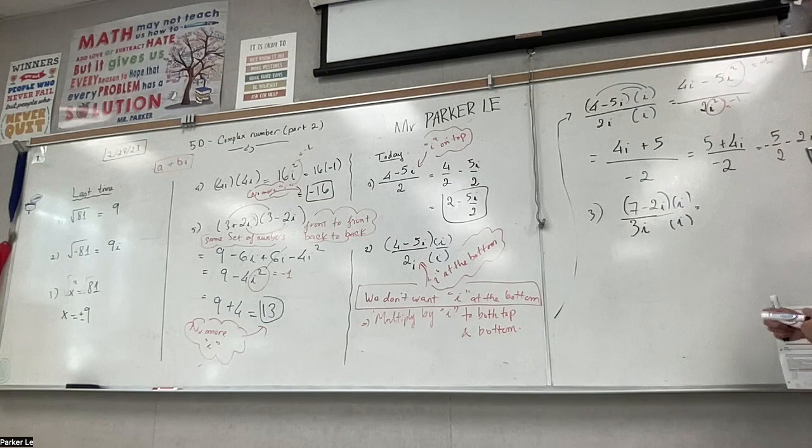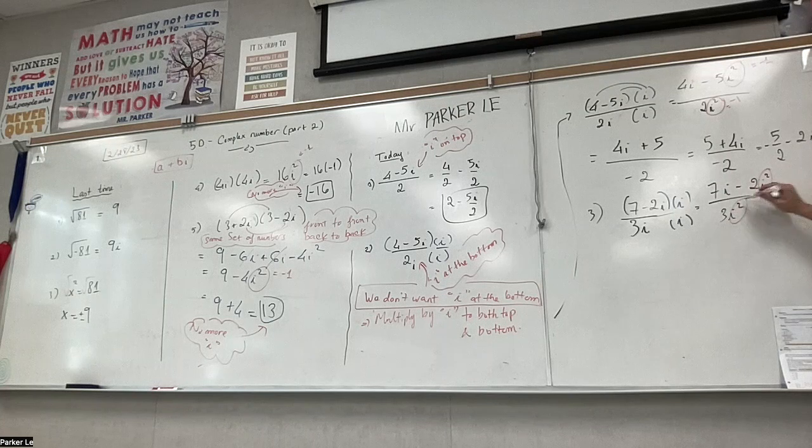Okay, what do I have on the bottom? 3i squared. How about the top? 7i minus 2i squared. Very good. So again, the short way is when you see i squared, you just delete it and you flip the sign up front, because i squared is -1.